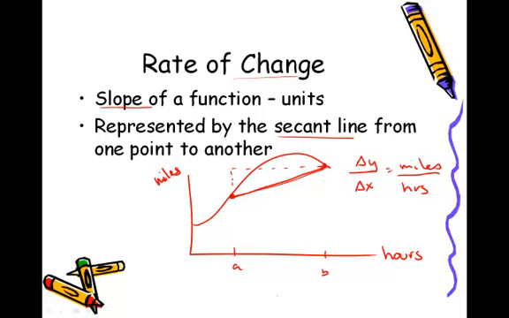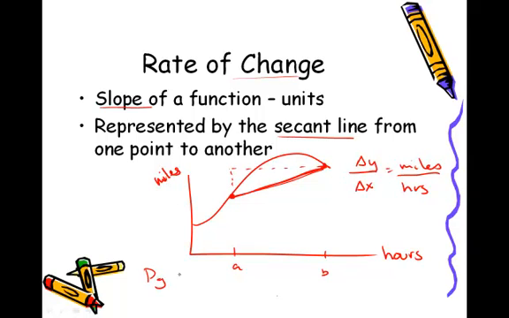So although rate of change is exactly the same as a slope, sometimes it can be found when we have a curve. The rate of change of a curve from one point to another gives us the average rate of change. We'll talk a little bit more about that in a second. The big idea here is that since my slope is measured in units, we can consider it a rate of change.